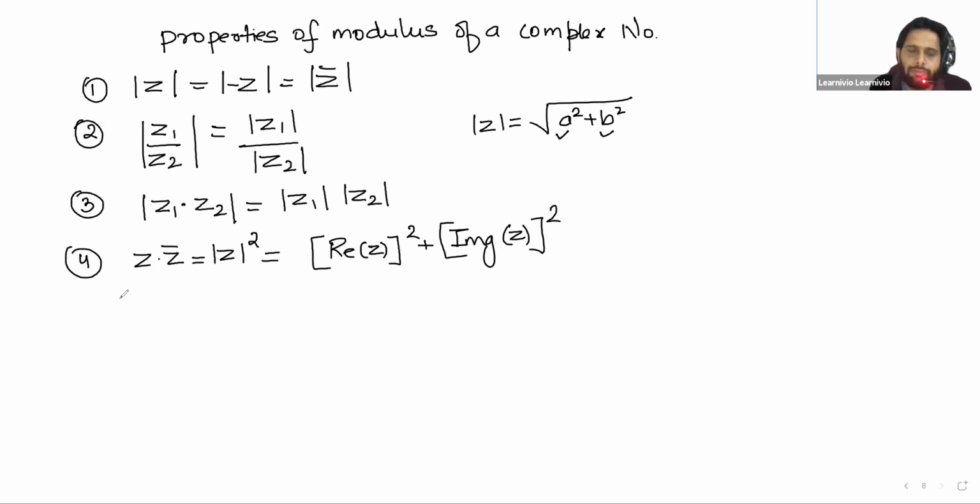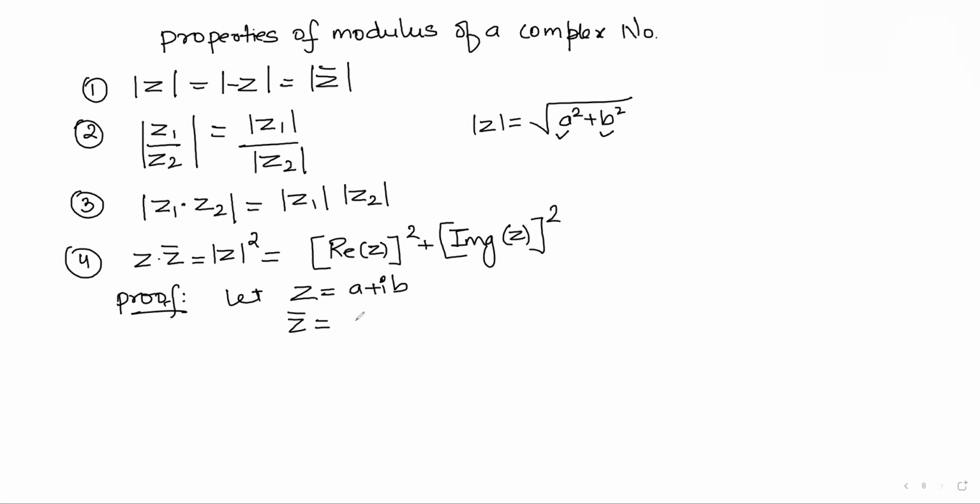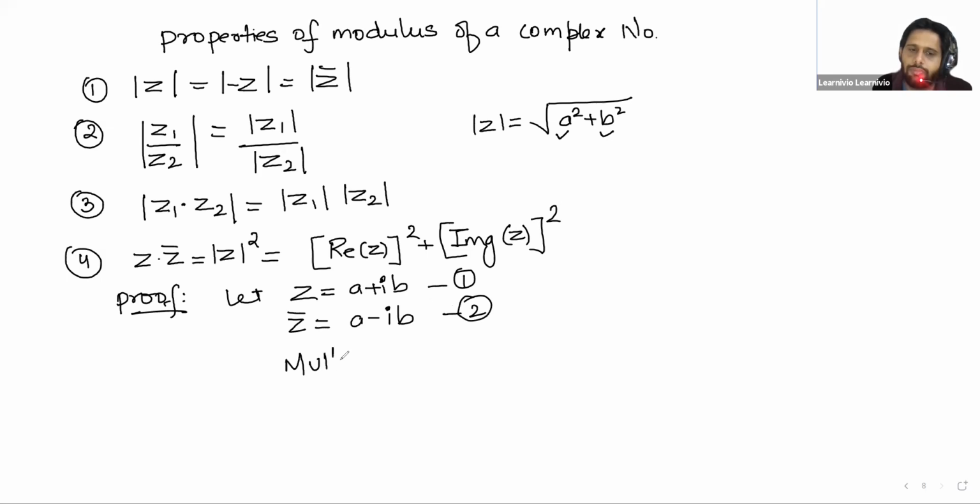Now we will prove this one. Let Z is equal to A plus iota B. Then Yusra, what is Z conjugate? A minus iota B. Okay, let this be 1, this be 2. Multiply 1 and 2. So what you will get?